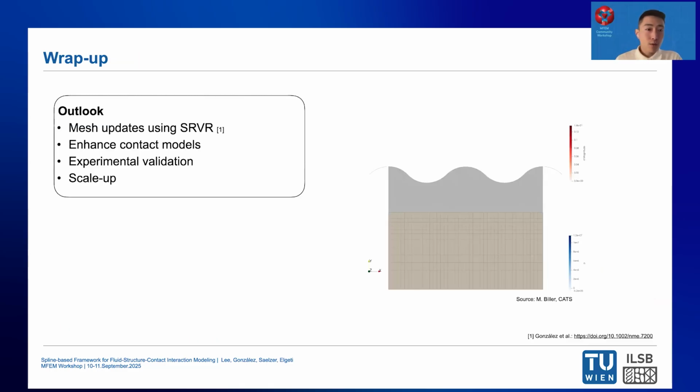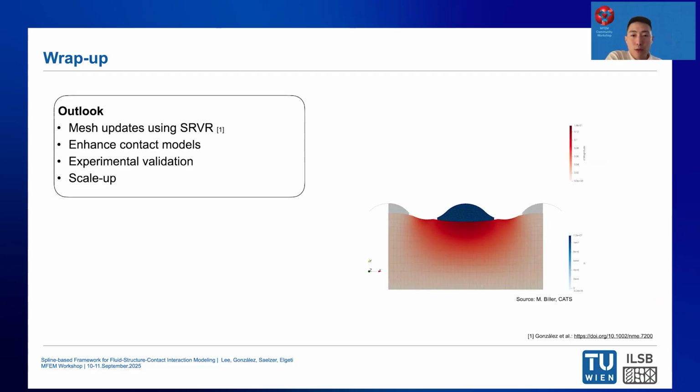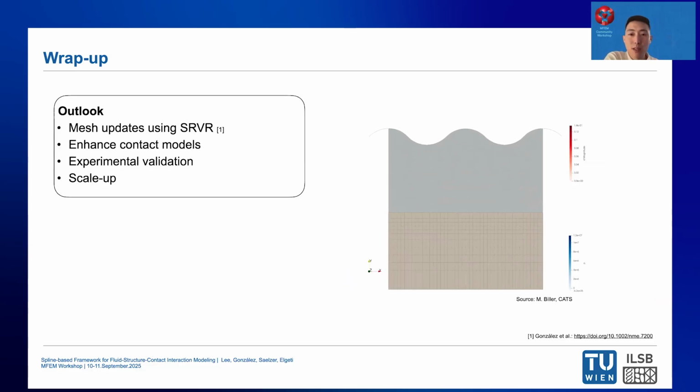To wrap up, we do have some plans for extending this model. For example, advanced mesh update methods like surface reconstruction, the virtual region method right here. It manages large deformation and shifting and even splitting domains.